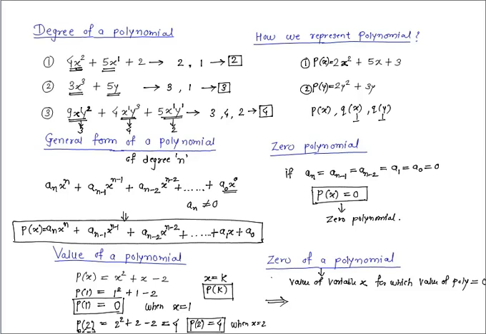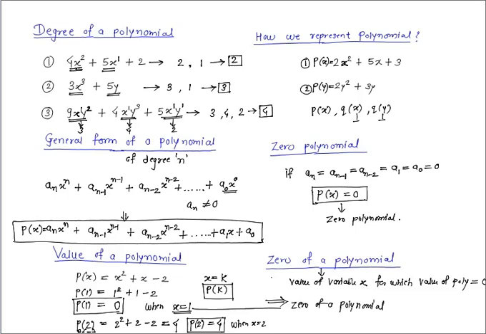So this x equals 1 is called a zero of the polynomial, because when we substitute x equals 1, the value of the polynomial is equal to 0.